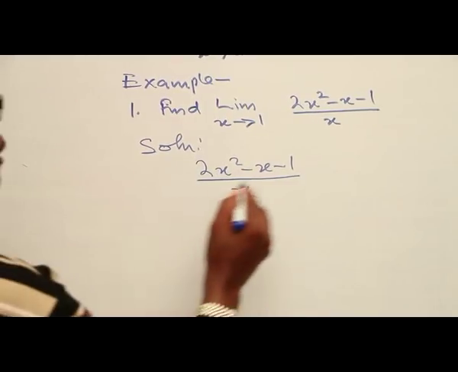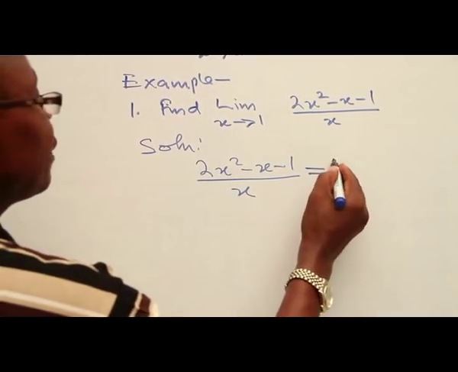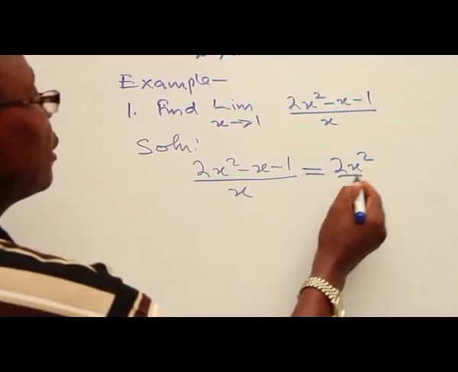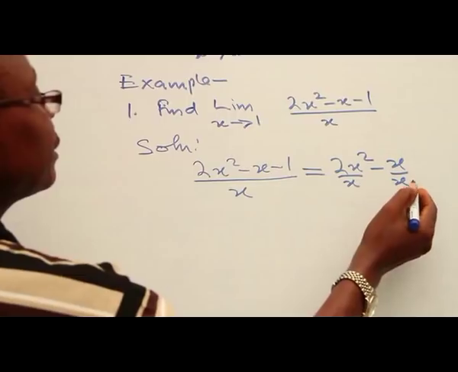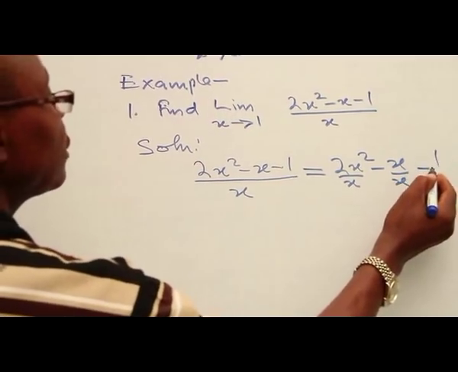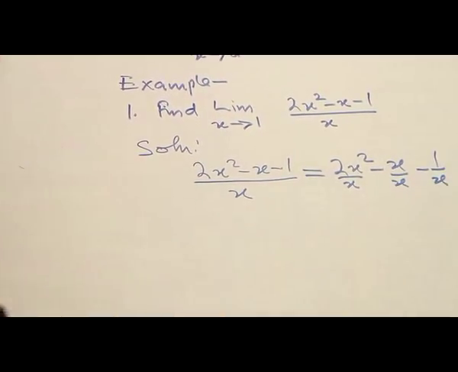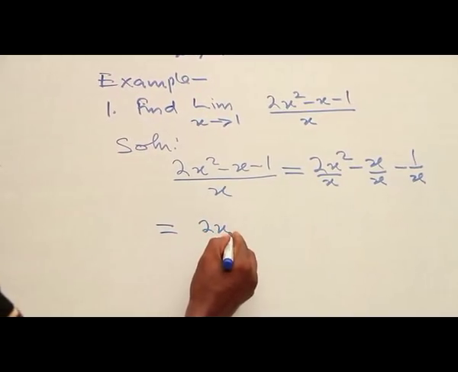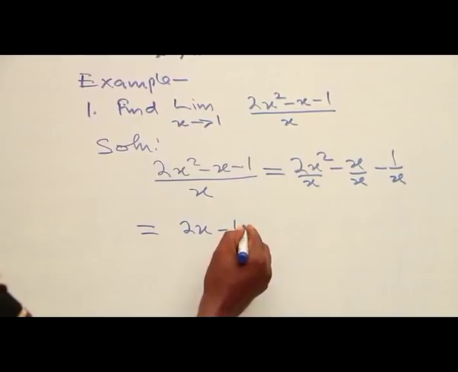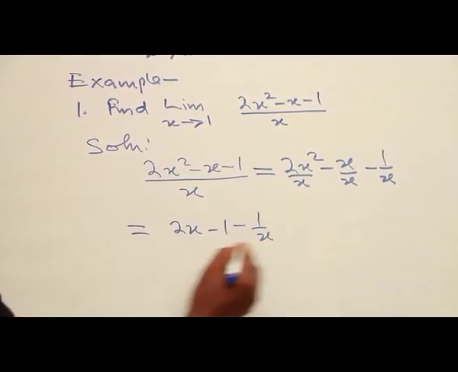In this regard, we can divide 2s squared by s, minus s by s, and then minus 1 also by s. At the end, you now have 2s minus 1 all over s.